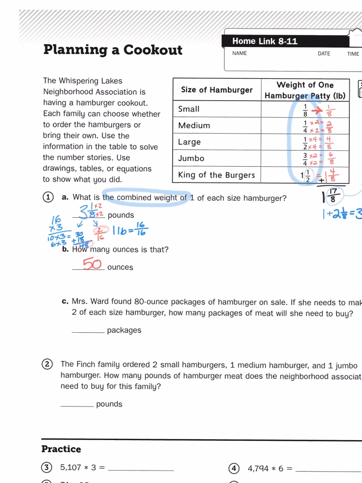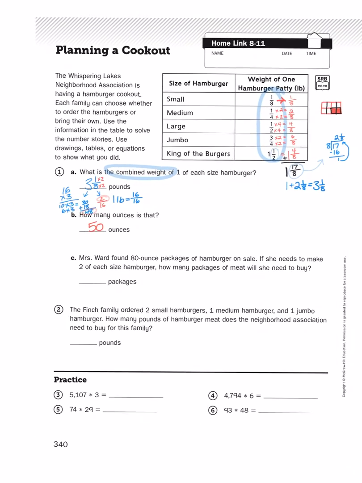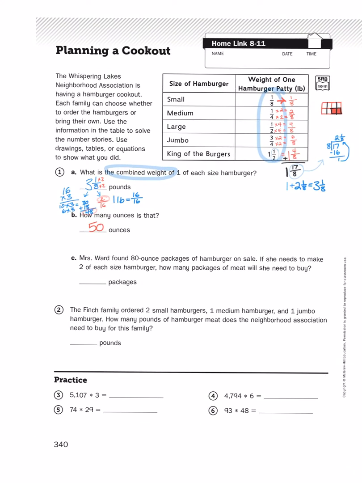Okay? So now I'm going to leave you to try problem 1C, which has us looking at Mrs. Ward finding 80-ounce packages of hamburger on sale. If she needs to buy, or she needs to make 2 of each size hamburger, how many packages of meat will she need to buy?